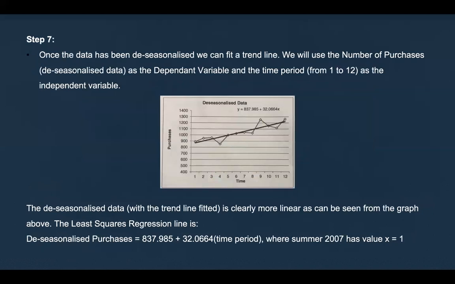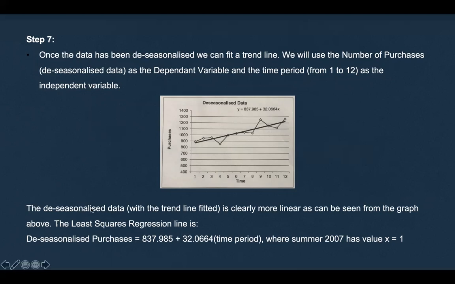Step 7. Once the data has been deseasonalized, we can fit a trend line. We will use the number of purchases, but it's important that we're using the deseasonalized data this time as the dependent variable, and the time period, which in our case is from 1 to 12, so we have 12 periods, as the independent variable.